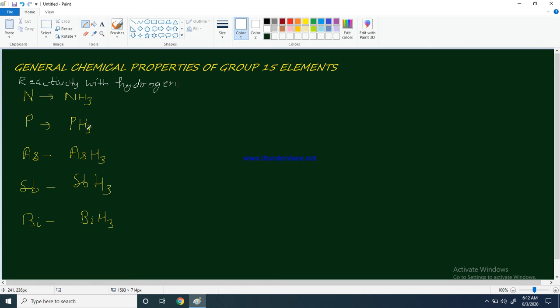Now, how do the properties of these hydrides vary? Down the group, the hydrides have decreasing melting points. Down the group, the melting point decreases.